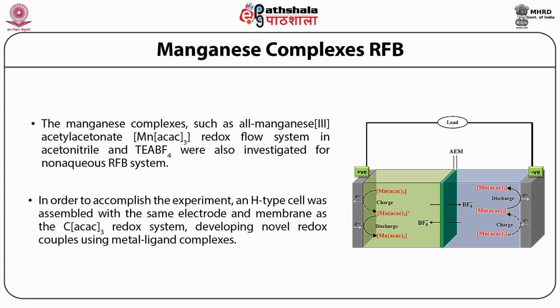In order to accomplish the experiment, an H-type cell was assembled with the same electrode and membrane as the Cr(acac)3 redox system, developing novel redox couples using metal ligand complexes. The schematic of such system has been shown in the figure below.